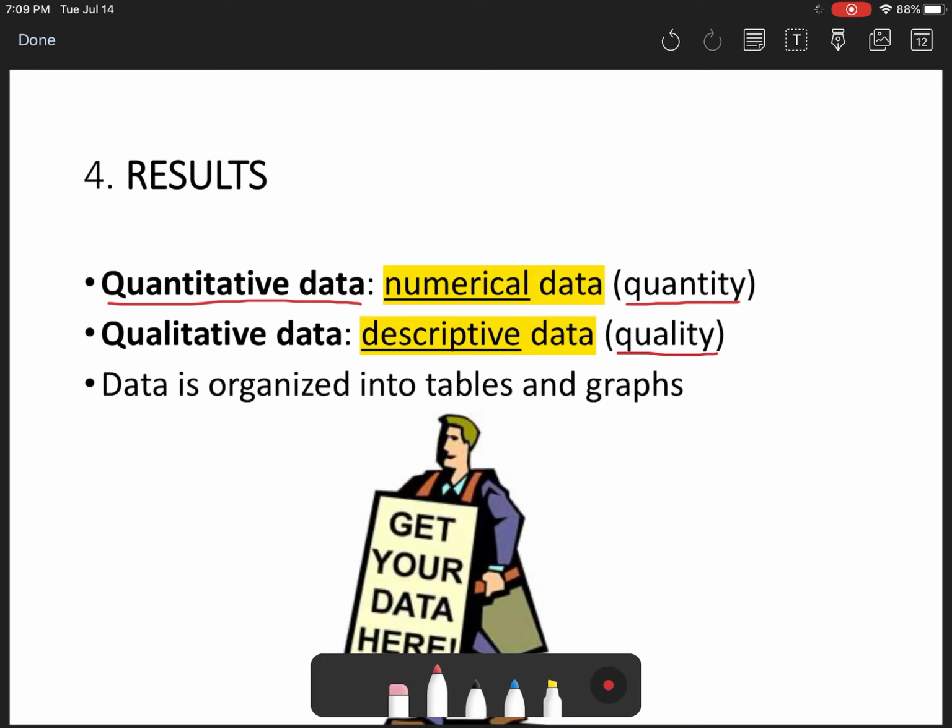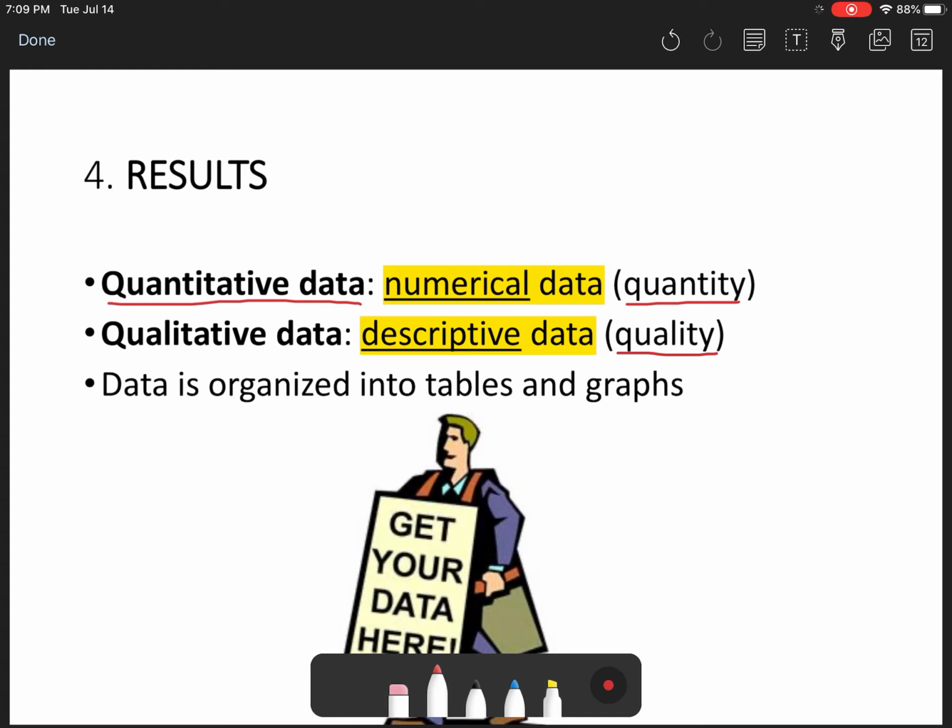If we were to count the number of leaves that are produced on the plant, that would also be a quantitative type of data, because we're counting numerically how many leaves are on there between the plant that was given fertilizer and the plants that were not.